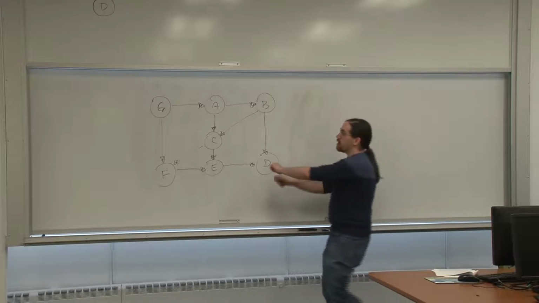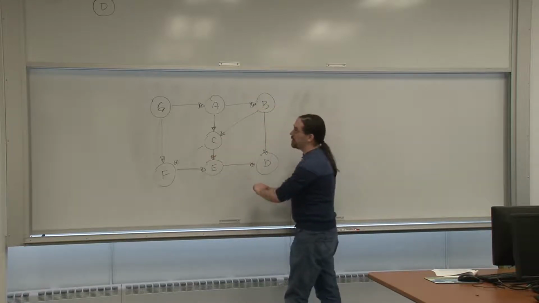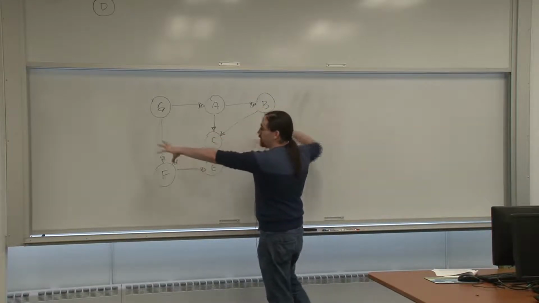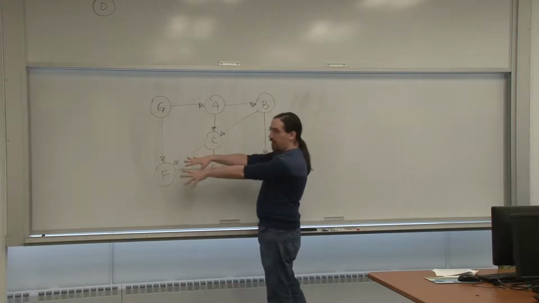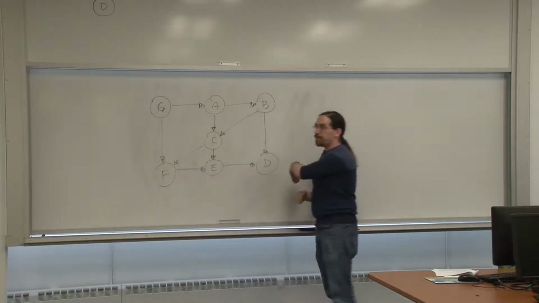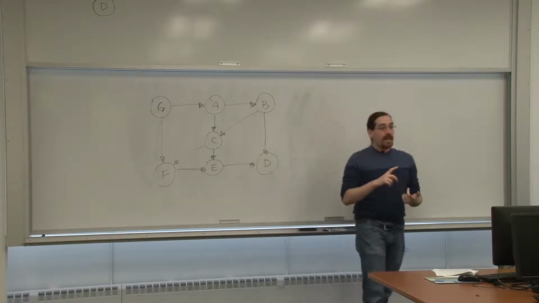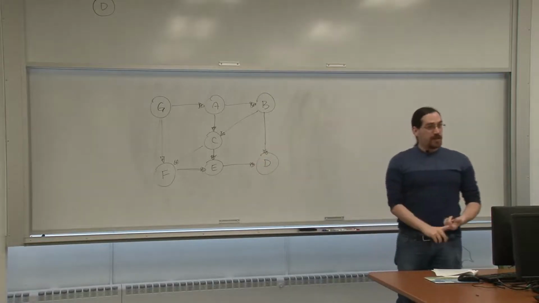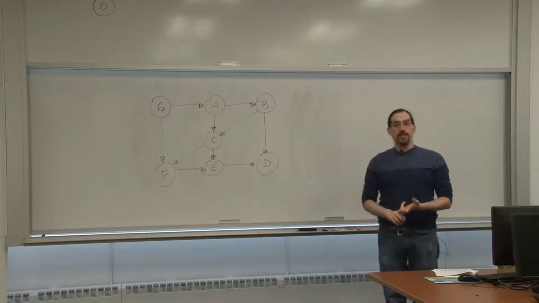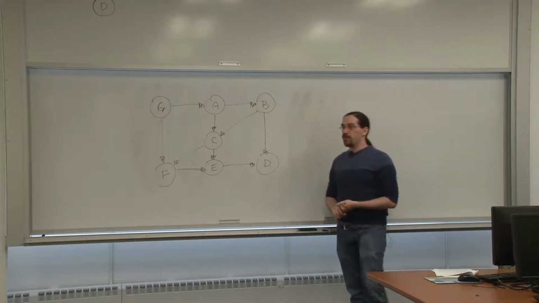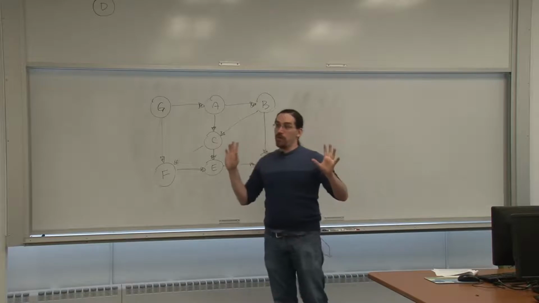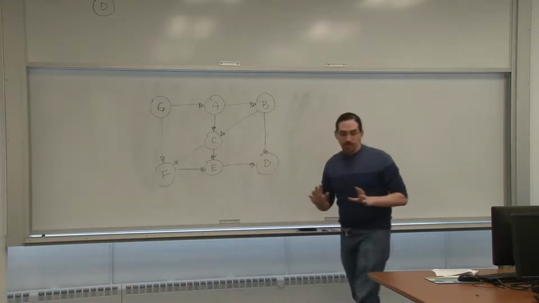So if we flatten this and organize the vertices so they were all in a row, every edge would point from left to right. There wouldn't be any edges going from right to left. So as long as the graph is directed and acyclic, there is always at least one topological sort. Sometimes there's more than one, but you can always find one.